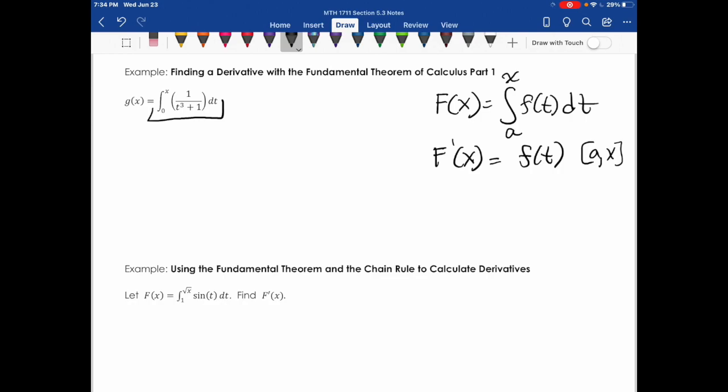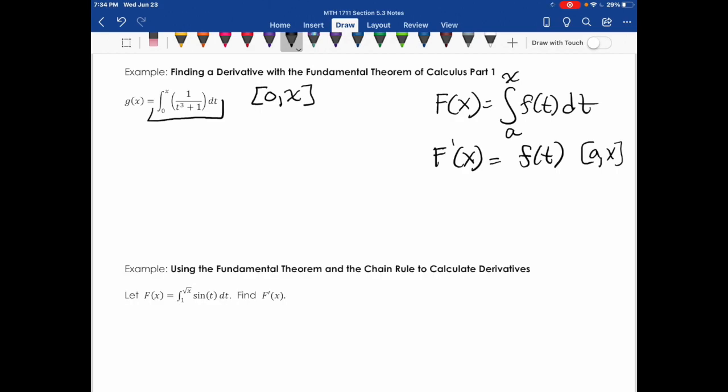So if we look at this example that's given to us as g of x, we have to first make sure that that function is continuous between 0 and x. Now, the only place that I'm concerned about this function 1 over t cubed plus 1 being undefined is at x equals -1. And since we're on the interval from 0 to x, we're already past and above -1.